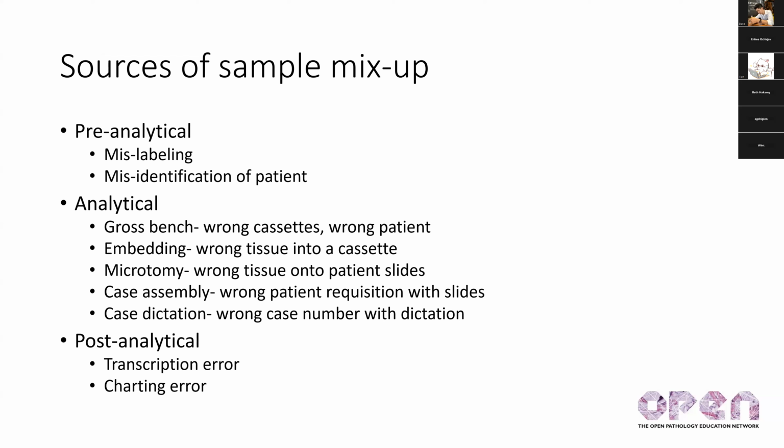So in the processes in pathology, we tend to think of three big categories of where errors can occur. They can occur before it gets to the laboratory, the pre-analytical stage. They can occur in the analytical processes that happen inside the laboratory. And there are several of those, right?